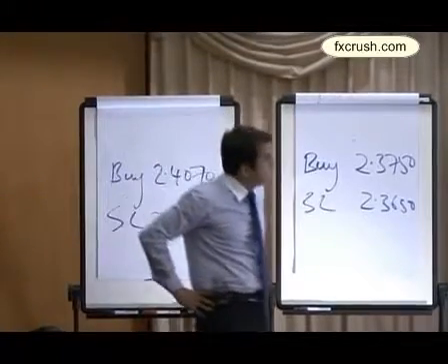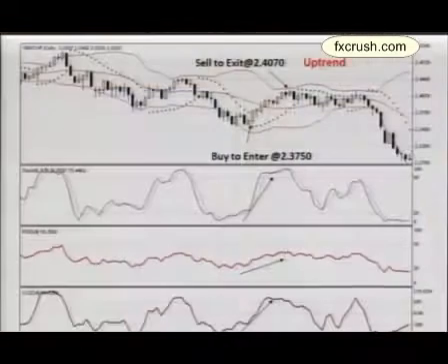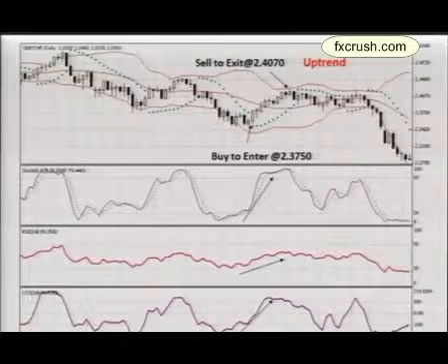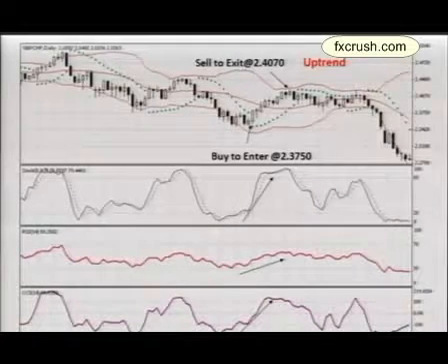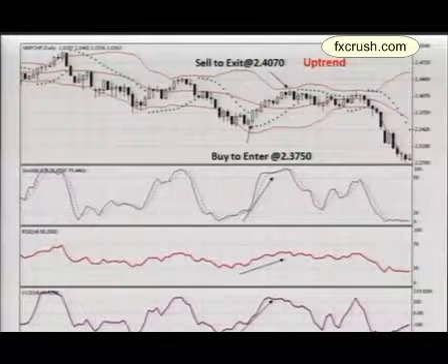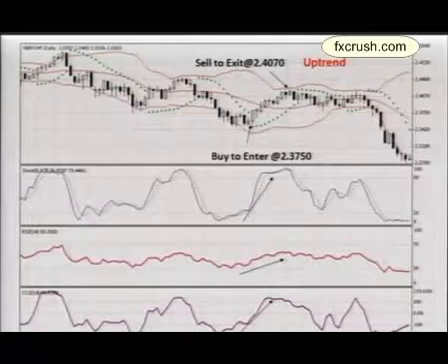Okay, now the question is, how much profit did we make? So we entered at 2.3750, we exited at 2.4070. So if you subtract, what do you get? 320, isn't it? Correct? So we make 320 pips. If you look at it as a standard contract, that's $3,200, right?